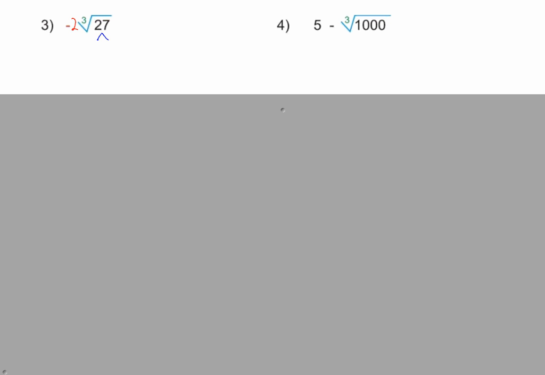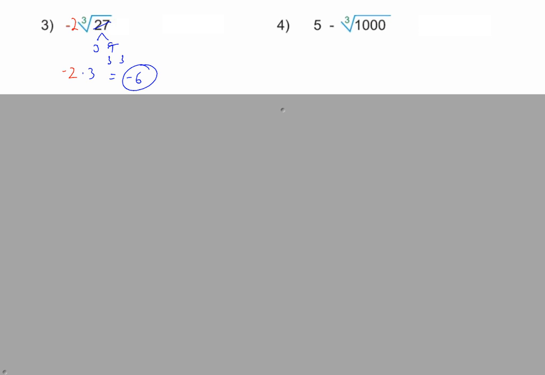Then, in these simple ones, if I factor this, I get 3 times 9, and 9 is 3 times 3. So what number times itself 3 times is 3 times 3 times 3? And the answer is 3. Right? The cube root of 27 is 3. And therefore, we end up with negative 2 times 3, and the answer to this problem would be negative 6.